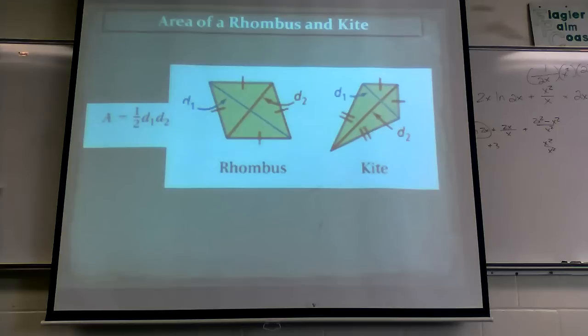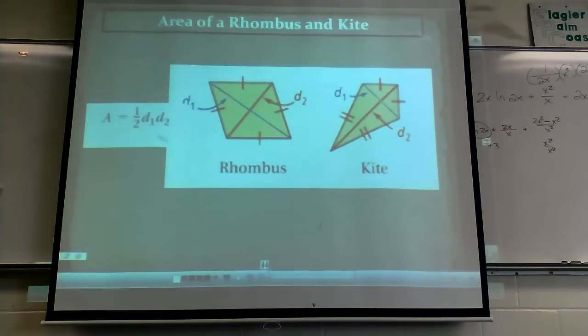Okay? All right, so D1 and D2 just mean the length of the diagonal. So you do the length of one diagonal, multiply by the other one, cut it in half. Okay? This also works for the majority of your quadrilaterals as well. So you take whatever the lengths of the diagonals are, multiply them together and divide it by 2.